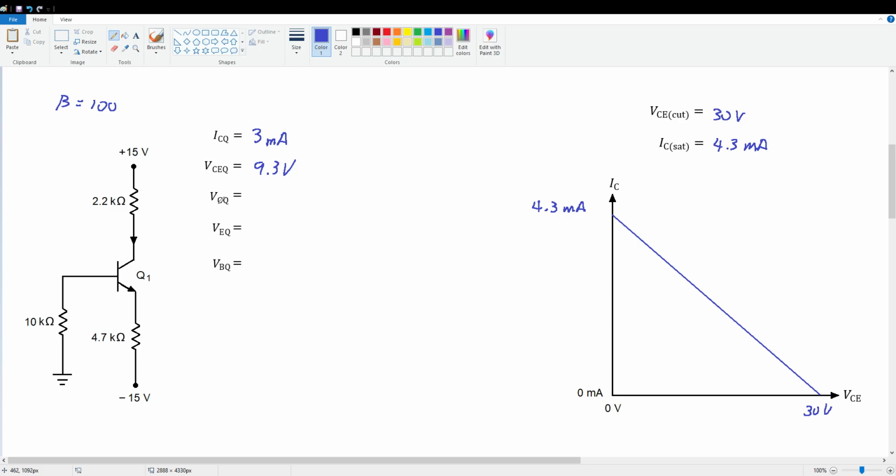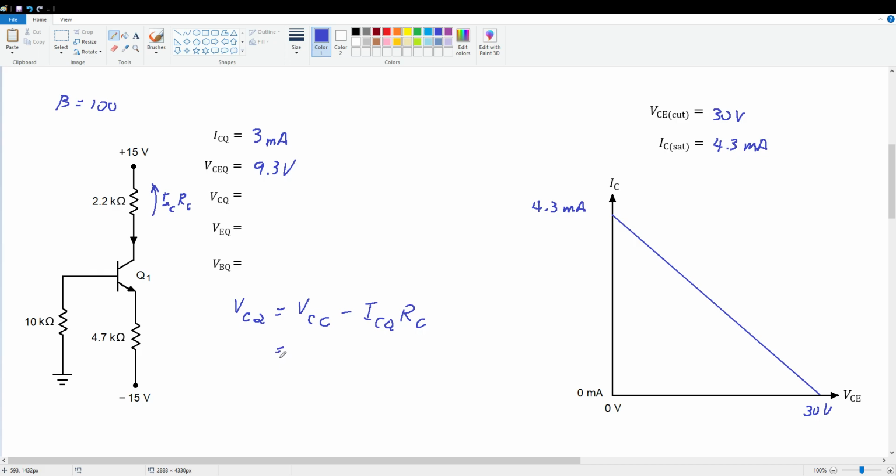So how would we find the collector voltage? Well, the easiest thing to do is just to subtract this voltage drop from the positive rail. That's IC times RC, right? So VCQ equals VCC minus ICQ times RC.